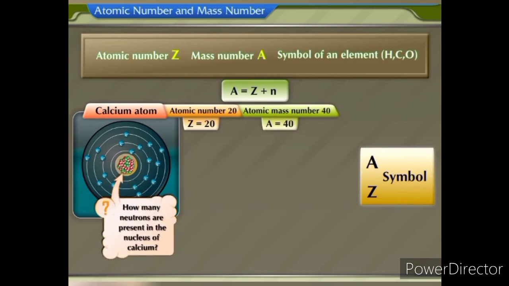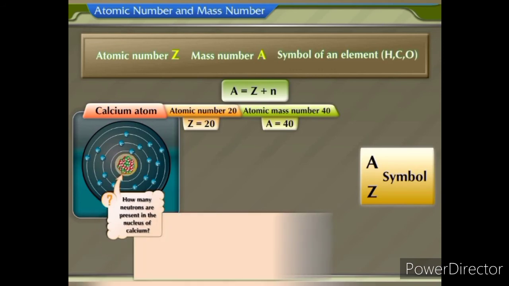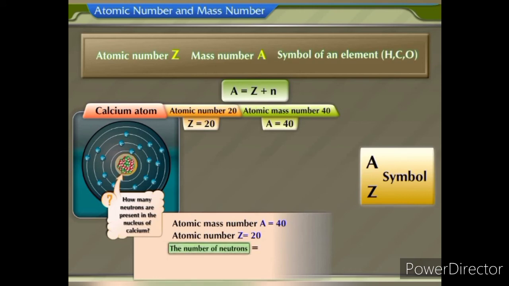How many neutrons are present in the nucleus of calcium? Here, atomic mass number A is equal to 40 and atomic number Z is equal to 20. So, the number of neutrons is A minus Z. This is equal to 20.